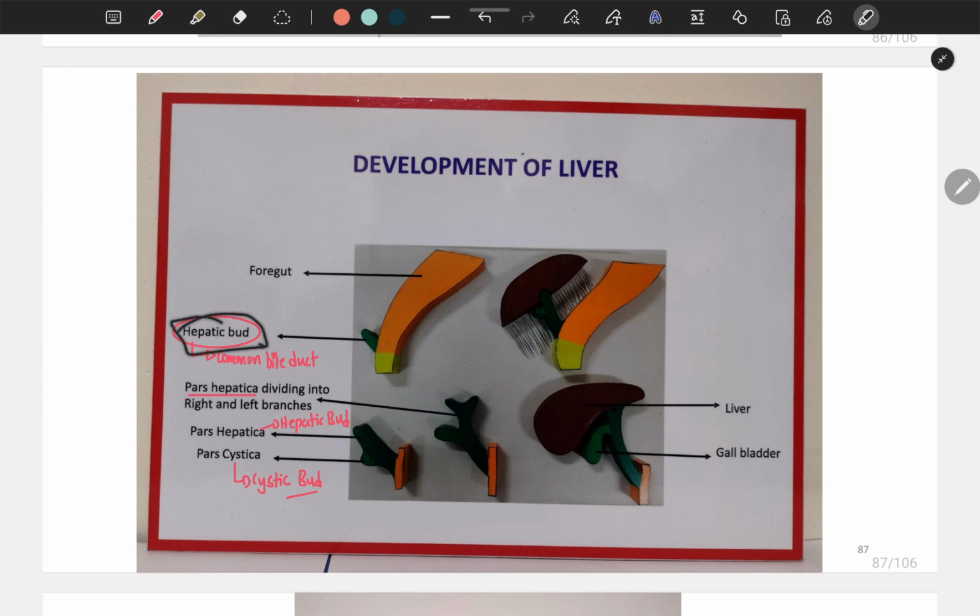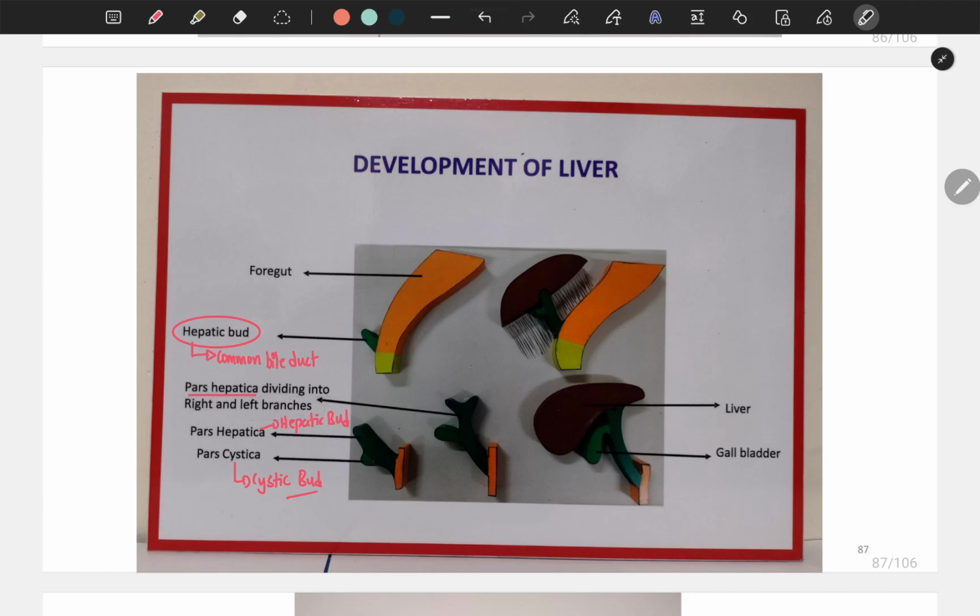Actually a common bile duct, which is a derivative of pars hepatica, forms the hepatic bud. So pars hepatica, that is the hepatic bud, and pars cystica, that is the cystic bud. Two buds are there. Pars hepatica divides into the right and left hepatic branches.